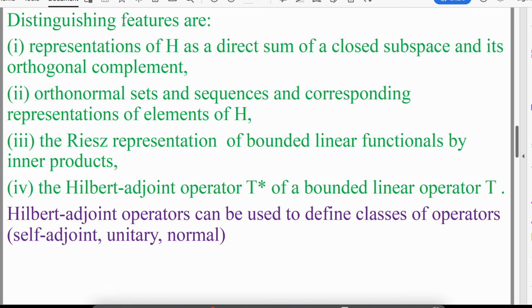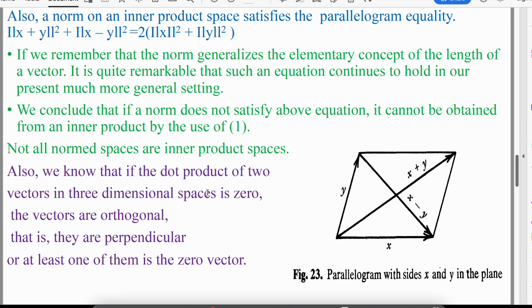Second, orthonormal sets and sequences and the corresponding representation of elements of Hilbert space H. Third, representation of bounded linear functionals by inner products. Last one is the Hilbert adjoint operator T star of a bounded linear operator T. Hilbert adjoint operators can be used to define classes of operators like self-adjoint, unitary and normal.